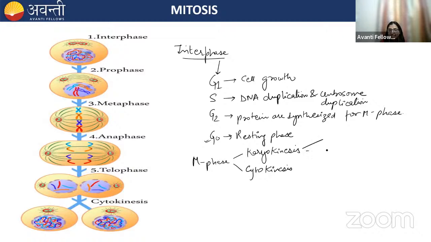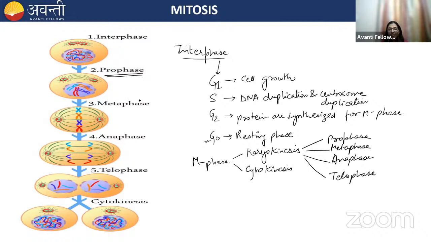Karyokinesis further has 4 stages: prophase, metaphase, anaphase, and the last one is telophase. The first one is prophase.